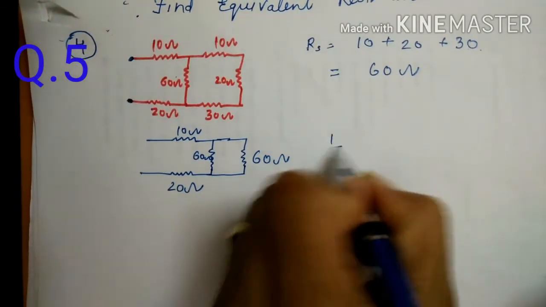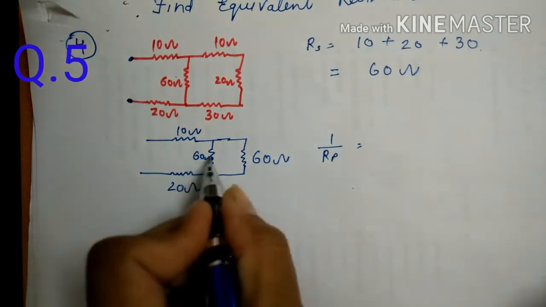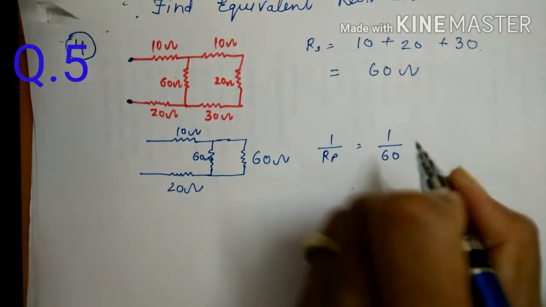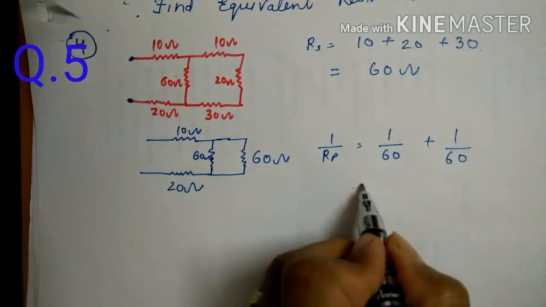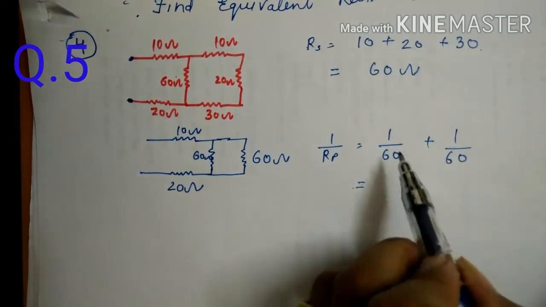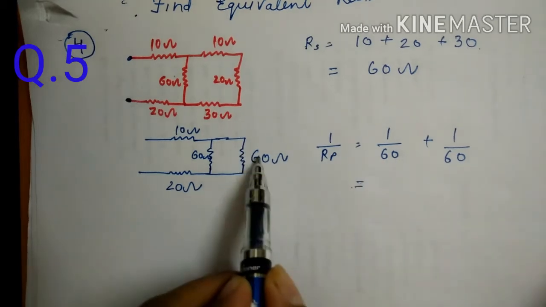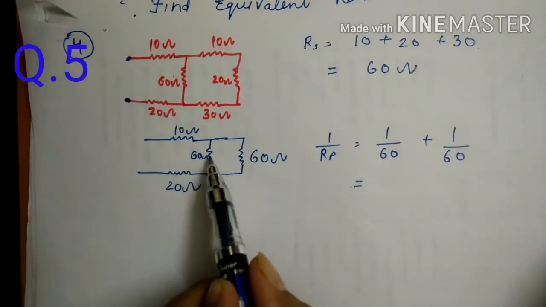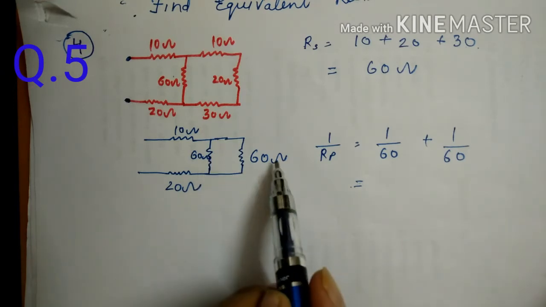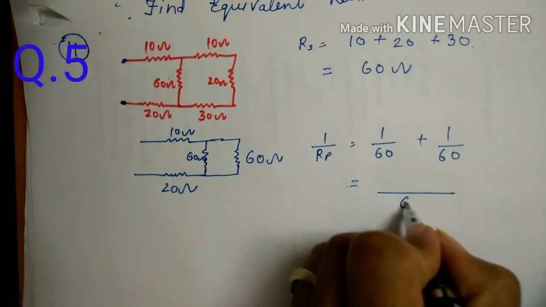So 1 upon 60, 1 upon 60. Without solving we know, because in parallel the same resistors are here, so half of one resistor, that will be 30 ohm. Now find the answer.